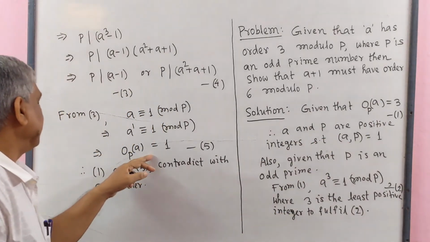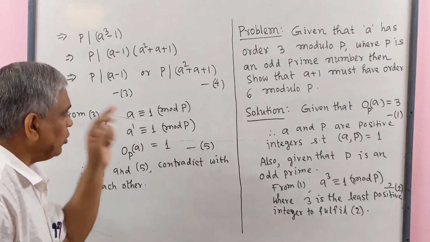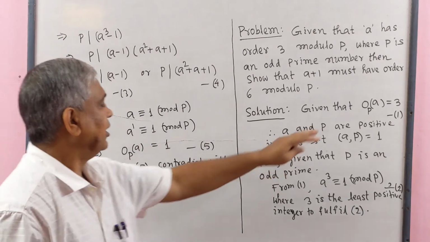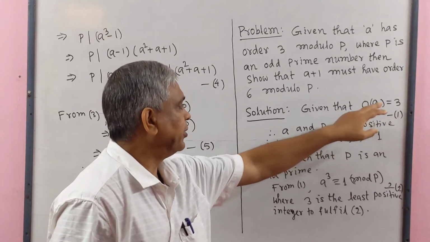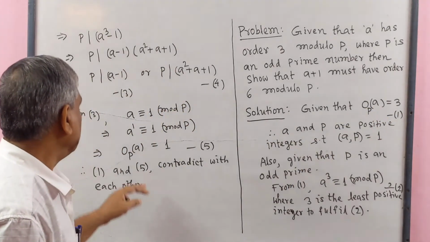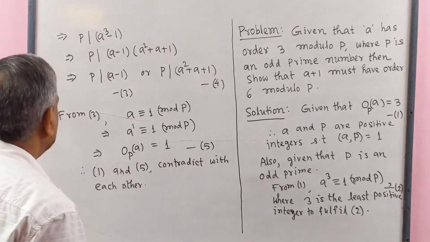Here in 5, order of a modulo p is 1. Already this is given: order of a modulo p is 3. So 5 is not possible.